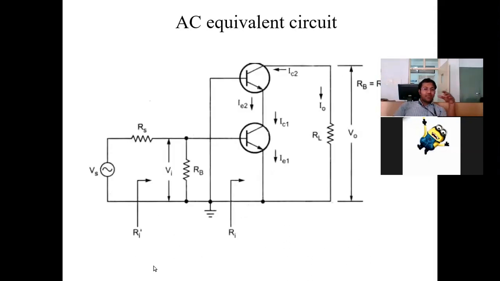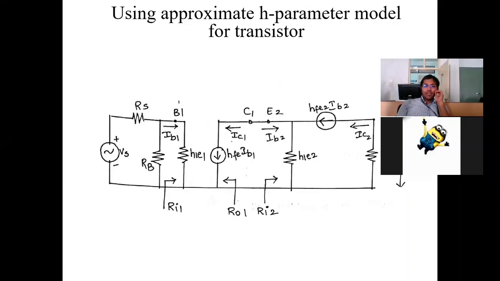This is the AC equivalent we have discussed. Then next, what? Replace the transistor by what? By its equivalent circuit. Replace the transistor by its h-parameter equivalent circuit, and this is how the circuit will look.